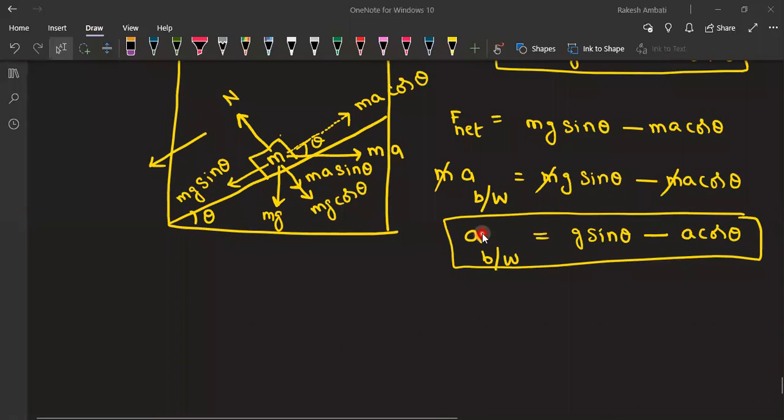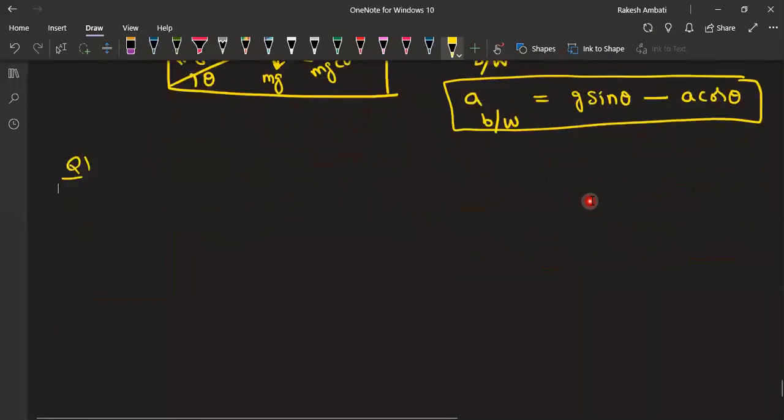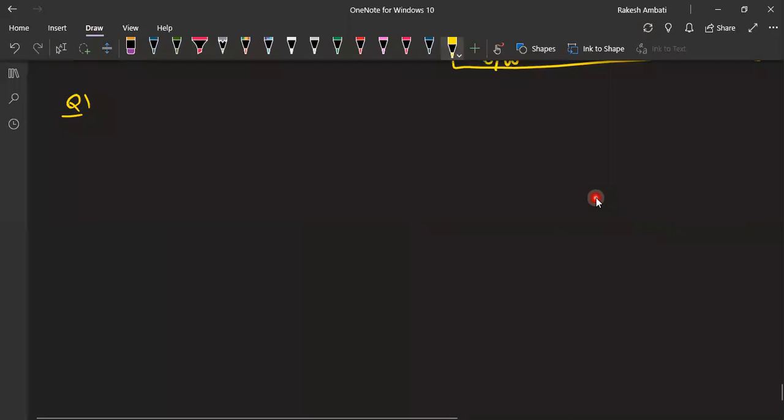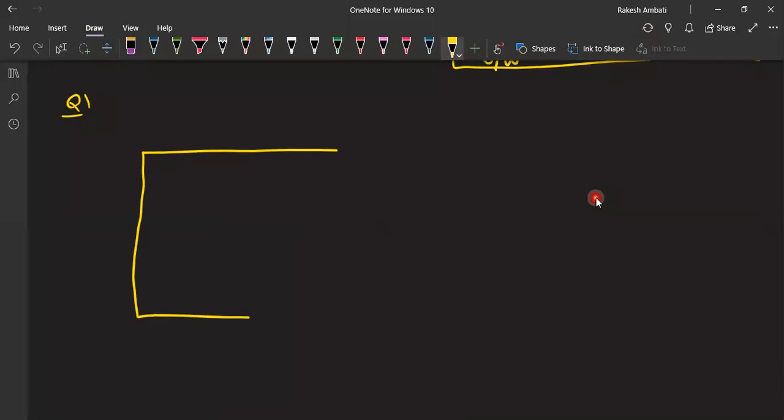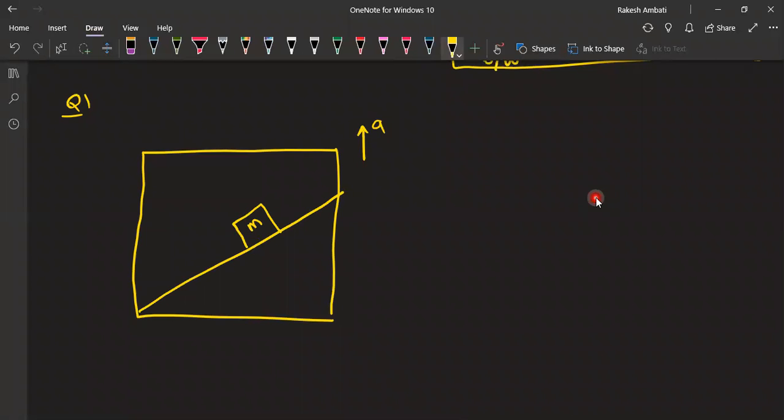Next question. For example, here we have a lift. Lift is moving upwards with acceleration a, and this is wedge. And we kept a block of mass m. And same thing we have to find the normal force, and also we have to find acceleration.